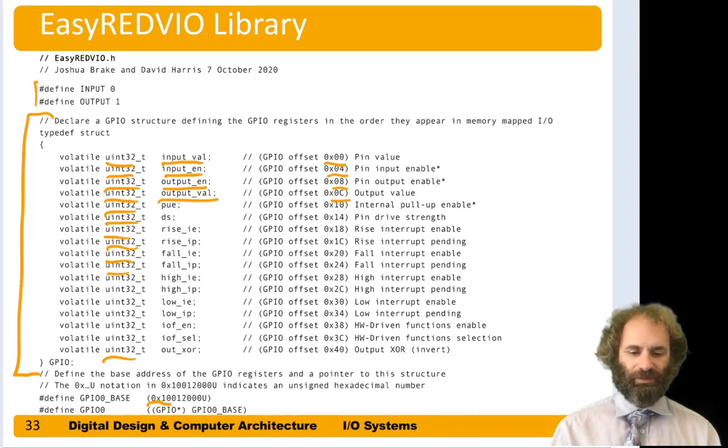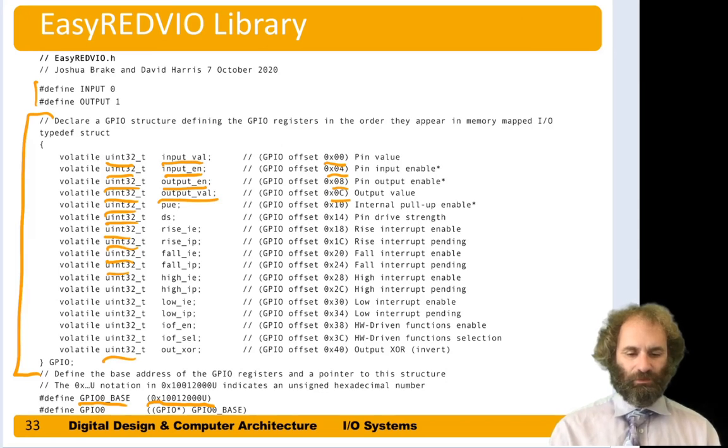Next, we'll define the base address of the GPIO to be 10012000. Remember, that's where the GPIO began in the memory map. The U at the end of this number indicates that it's an unsigned hexadecimal number. And we'll call this GPIO 0 base. Our chip only implements up to 32 GPIOs, so it only needs one GPIO memory area, but subsequent versions of the chip might implement more.